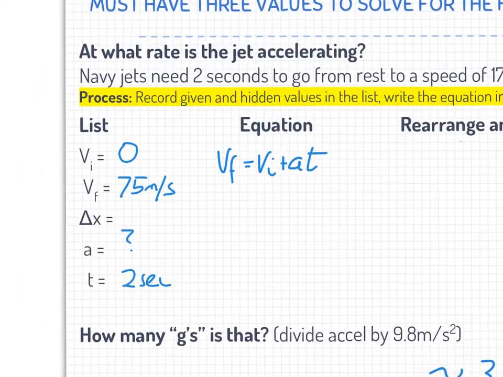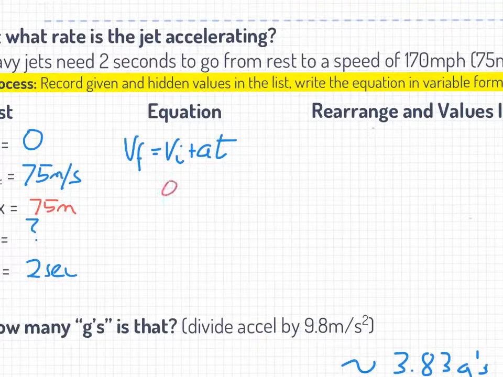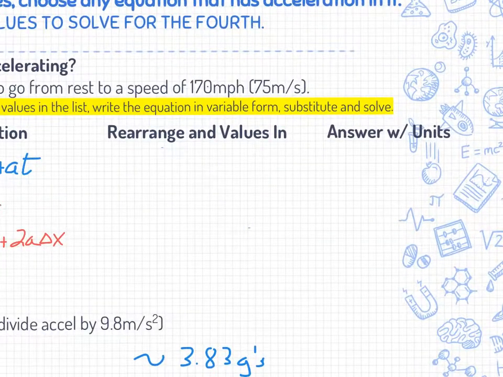If we do use the information previously, and we know that the distance traveled was 75 meters, we can use a different equation. This one is our Vf squared is equal to the Vi squared plus 2 times the acceleration over the distance traveled instead of the time.